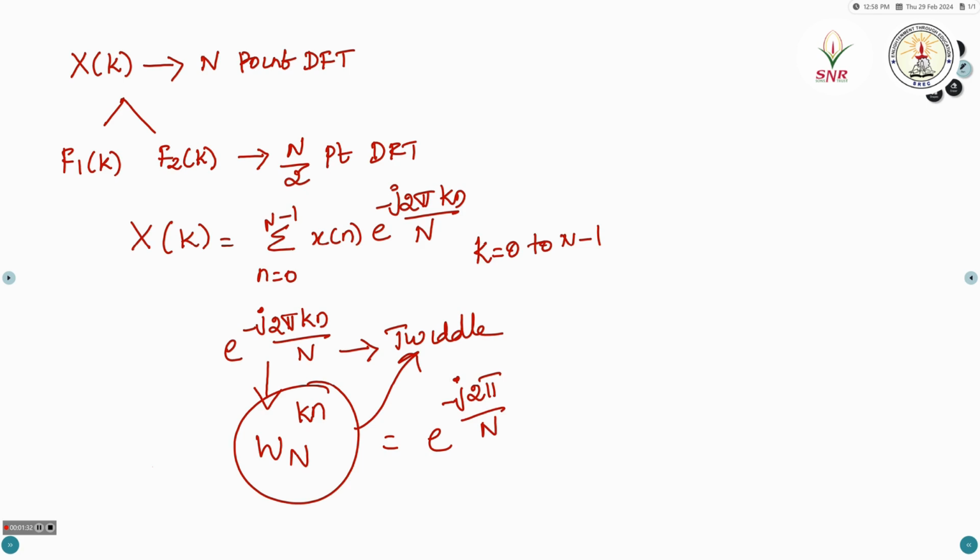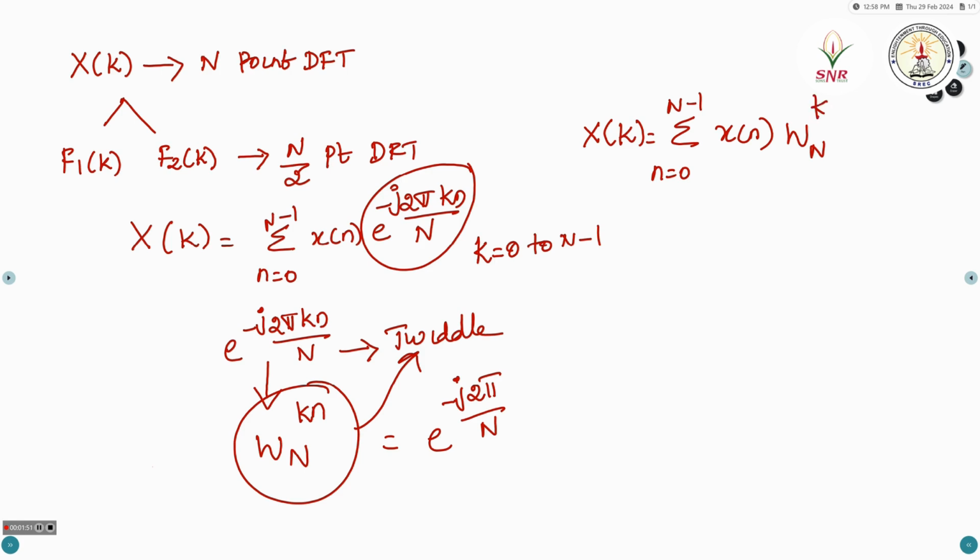By using this, we will establish the equation as X(k) is equal to summation n equals 0 to N minus 1 of x(n). The term e^(-j2πkn/N) can be written as W_N^(kn). Now we know that here the x(n) is divided into f1(n), as we discussed earlier, and f2(n). Now I am writing this equation X(k) is equal to summation n equals 0 to N by 2 minus 1.